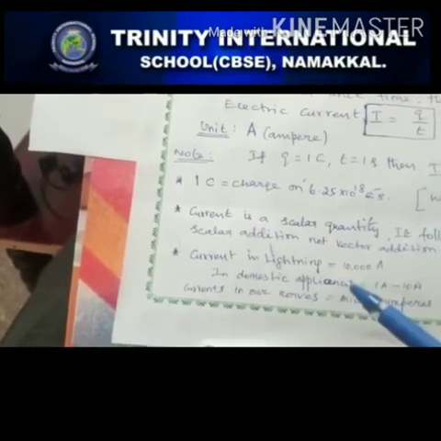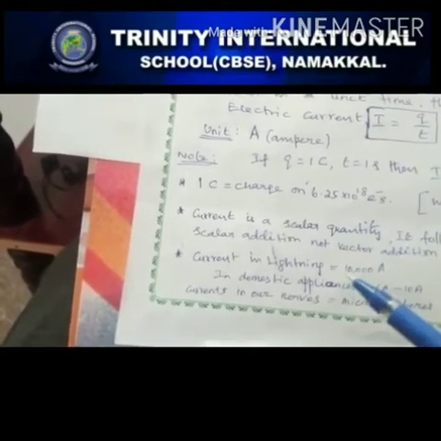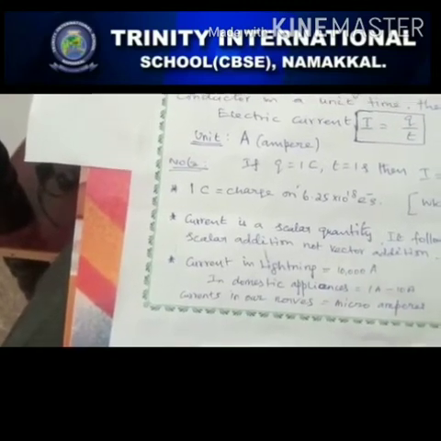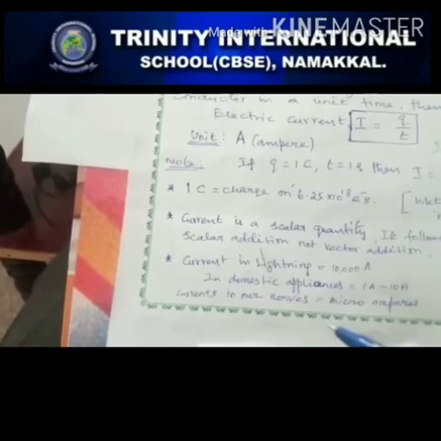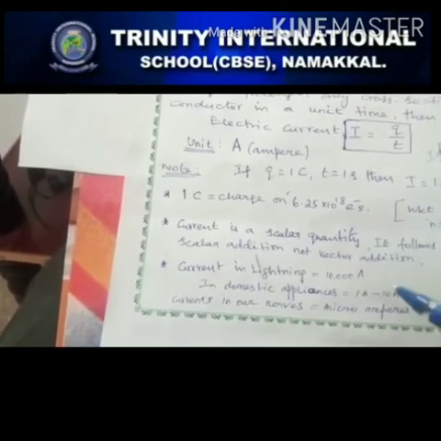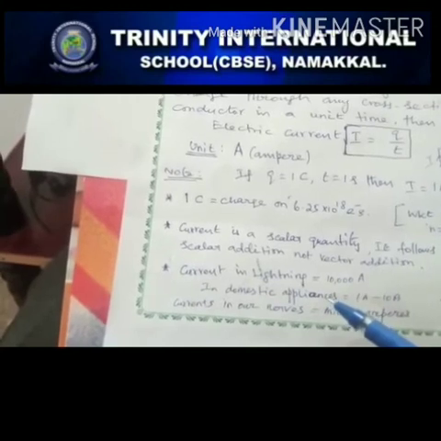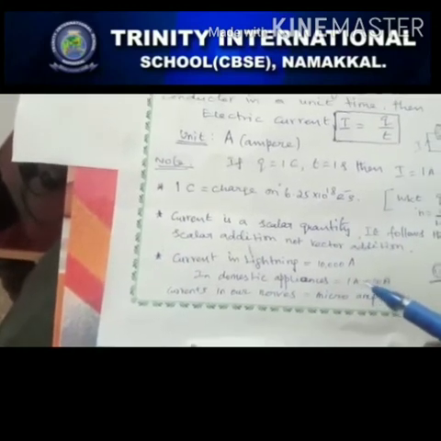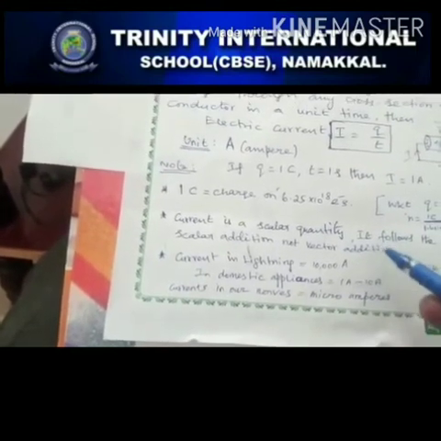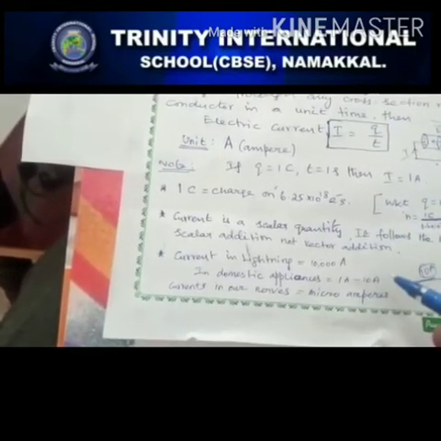And in domestic appliances that we use, from low voltage lamps, incandescent bulbs, tube lights, and fans, mixies, grinders, depending on the power, the current passed through the devices is from 1 ampere to 10 ampere. This is the average value that we use in our home.